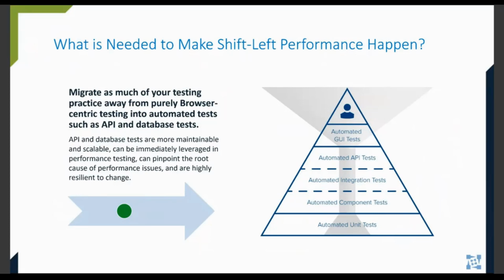But the gray martini glass shape is what we tend to see in organizations today, where the majority of their testing is performed either manually or at the browser level, with only a small amount by comparison of API, integration, component, and unit tests. So step 3 is shifting focus from browser-centric testing to include primarily API and database testing.